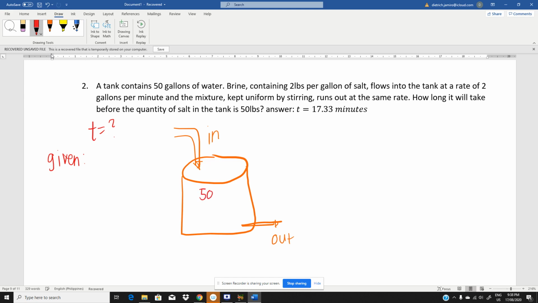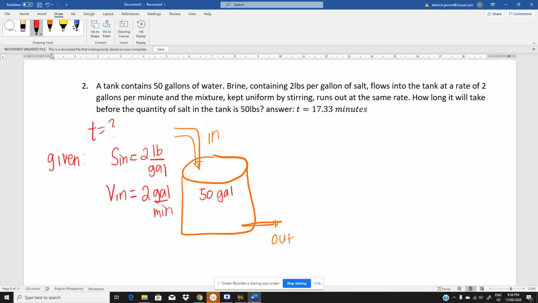So initially we have 50 gallons of water. And then brine containing 2 pounds per gallon of salt. So our S in is equivalent to 2 pounds per gallon. And then it flows into the tank at a rate of 2 gallons per minute. So our V in is equal to 2 gallons per minute.